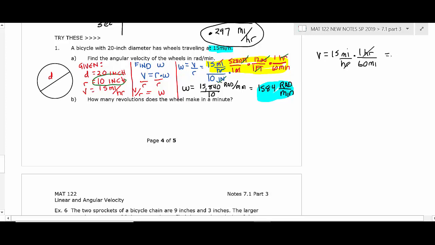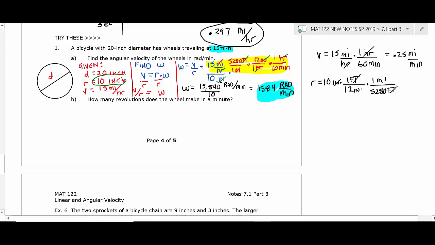Okay, so that would give 0.25 miles per minute, like that. And then you got the radius, so the radius is 10 inches. That's how I caught my mistake. Okay, just for something different, let's change this to miles. So there's 12 inches in 1 foot, and there are 5,280 feet in 1 mile.